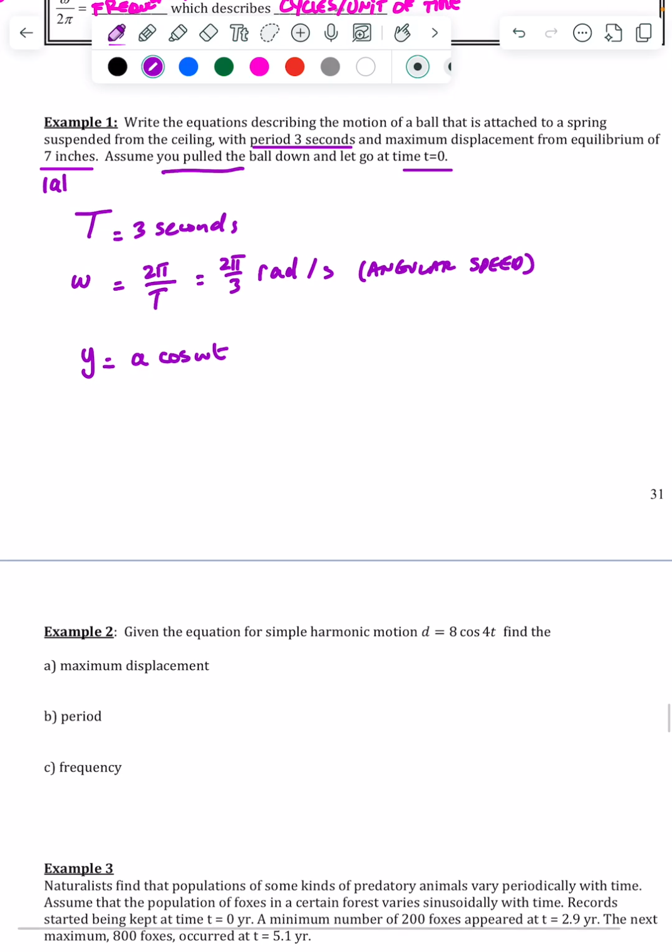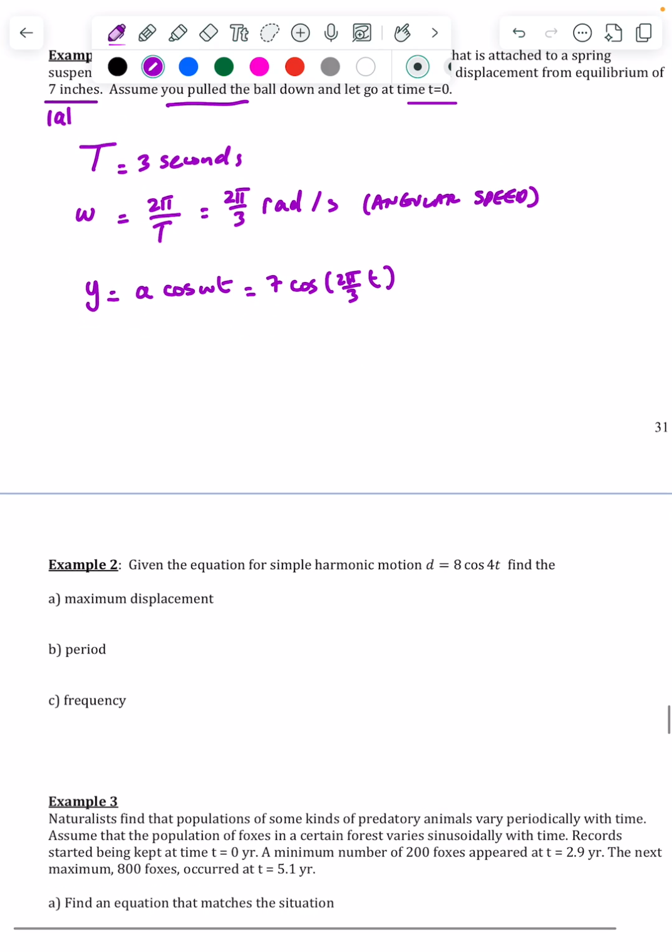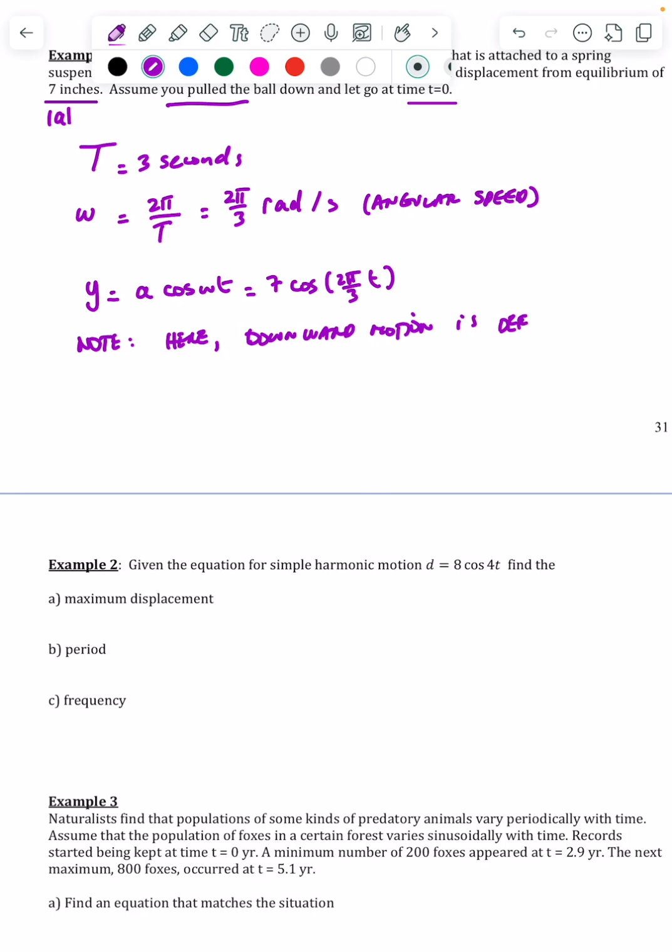And you also pull down, right? Remember the motion from kind of like a max to a min. So a cosine of omega t becomes, a is positive here, which is 7, so y equals 7 cosine of (2 pi over 3 t). Now note that here, downward motion is defined as positive.